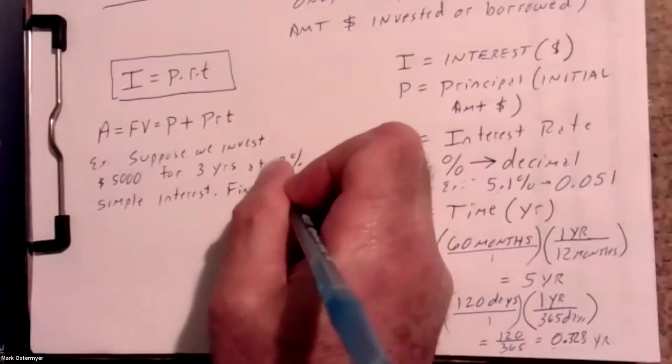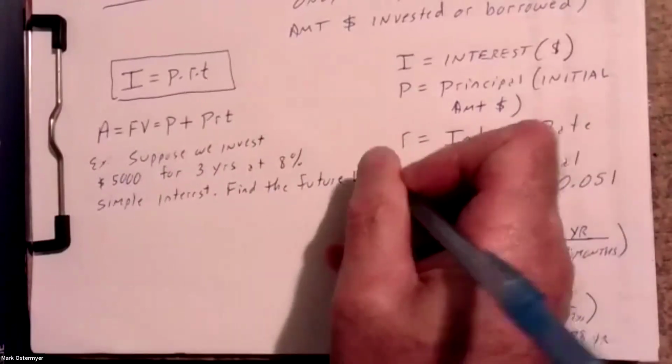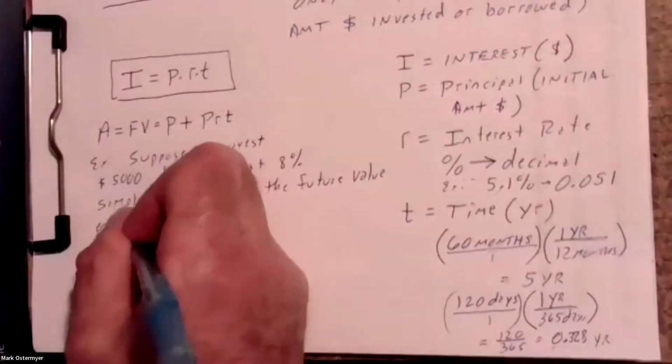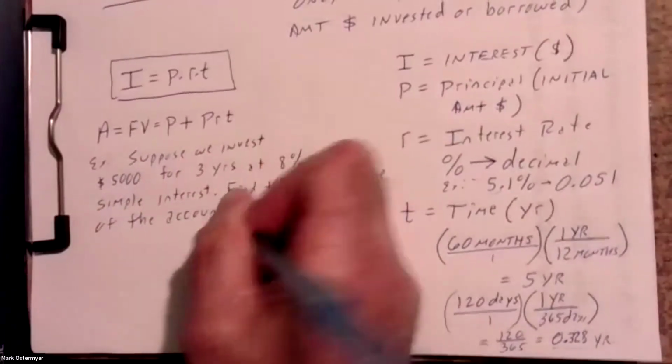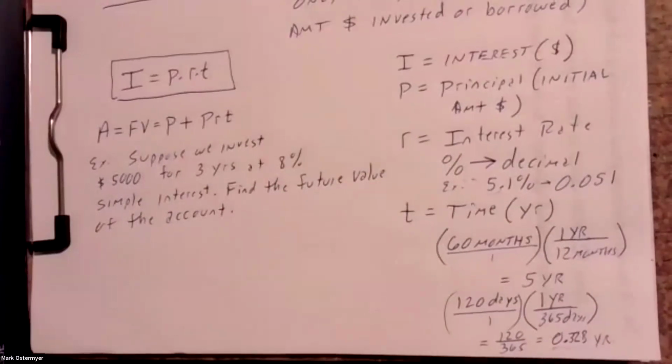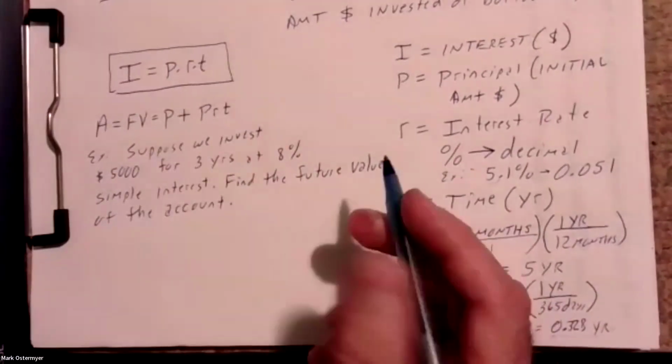Find the future value of the account. So in other words, if I go away for 3 years and come back, how much is going to be sitting in my account? We're going to use our simple interest formula to find out.